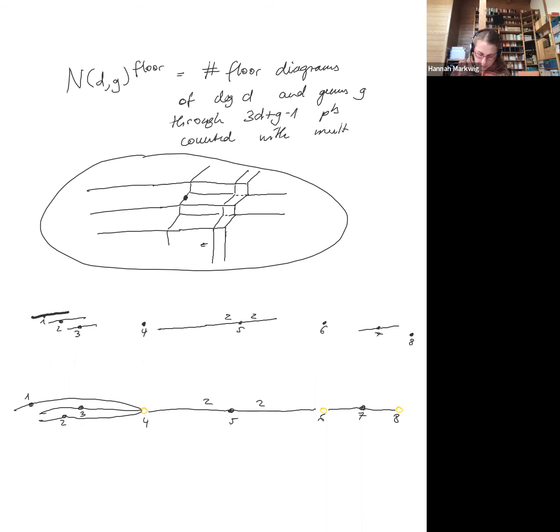It'll sort of look something like this, a unique way to complete, sorry, that's this slope, to complete the tropical curve to a full tropical curve. But this is the way we go backwards, and then we have established the bijection, and then we know that we can count tropical plane curves by counting floor diagrams instead.